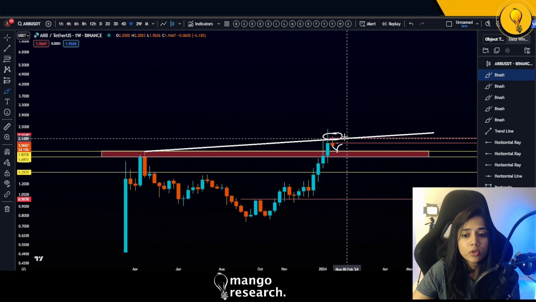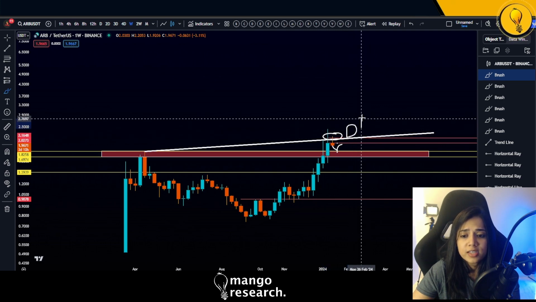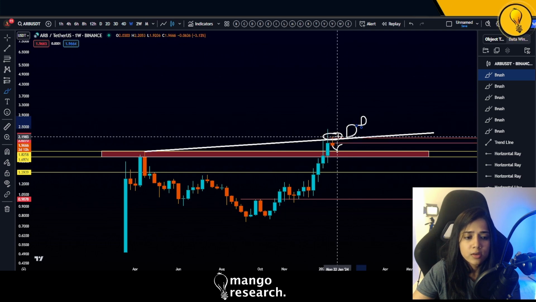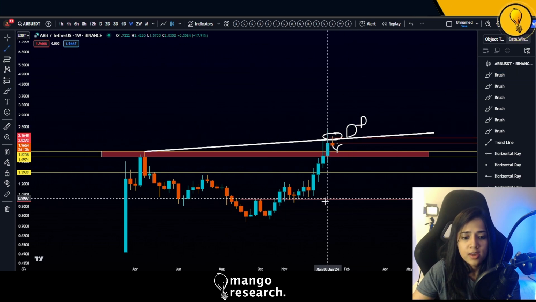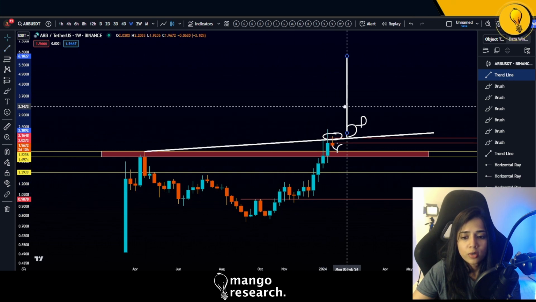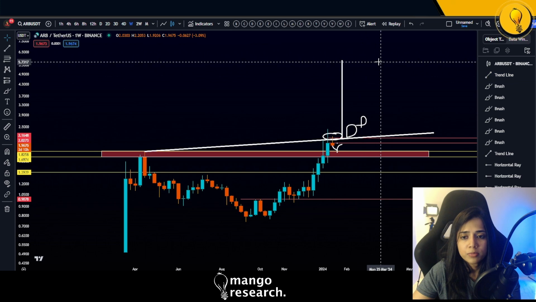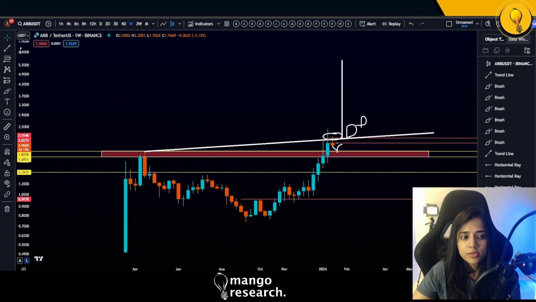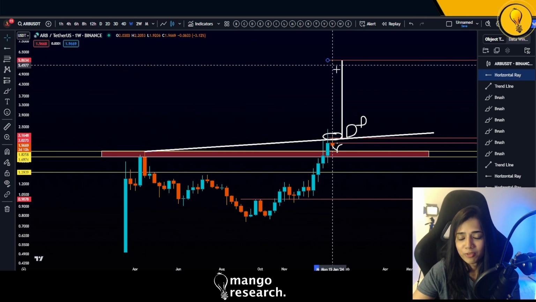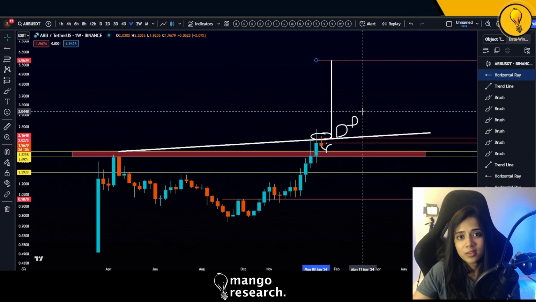Okay, I'm only going to be looking for this target if I see weekly closes over this level at around $2.20. All right, take note of it, $2.20. At that point, the next potential target will likely take Arbitrum all the way up to $5.86. Okay, this is a macro target, not necessary that we get up there in one fell swoop, but that is the target on the books right now.